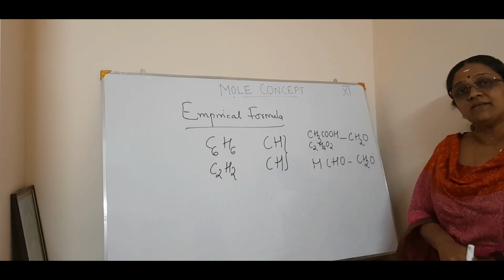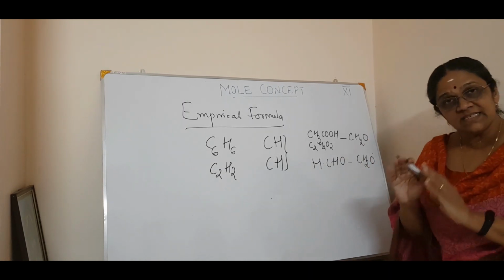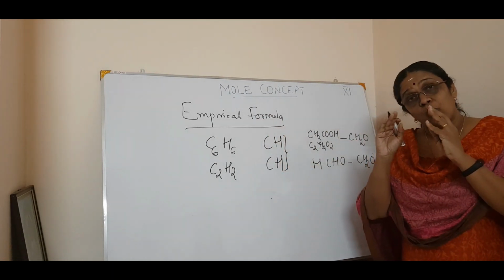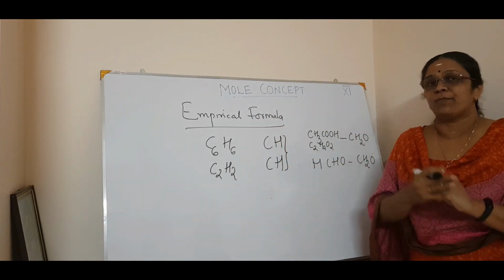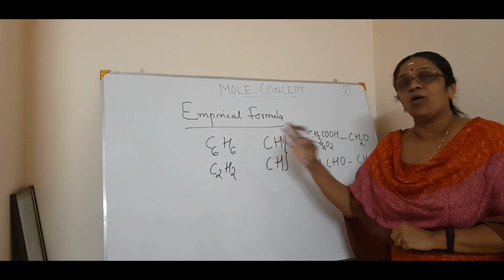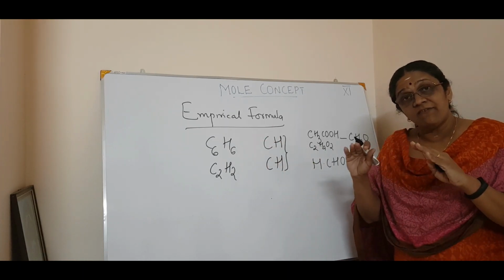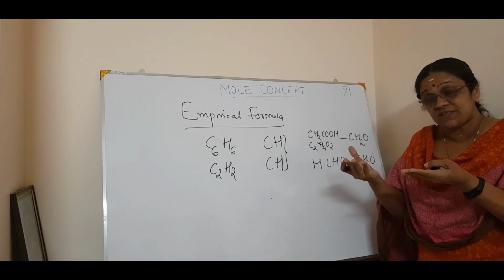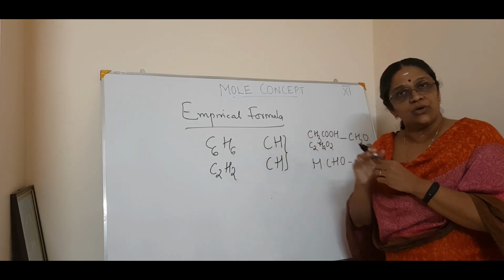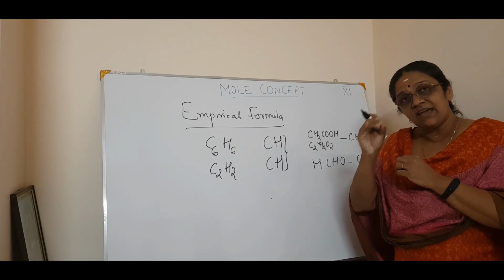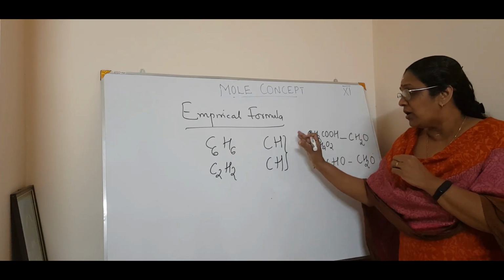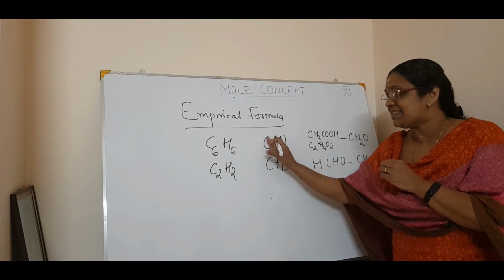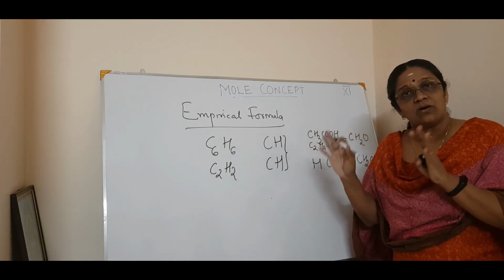What does this mean? This means that the empirical formula will give you only preliminary information about this compound. It does not give any chemical reactions or chemical information regarding the molecule. It just gives the simplest ratio of these elements present in a given molecule. That's all.